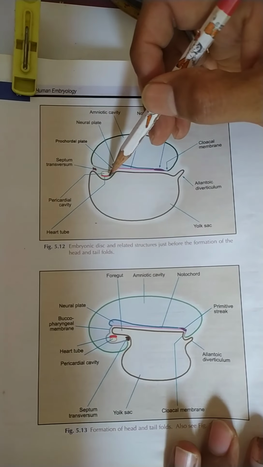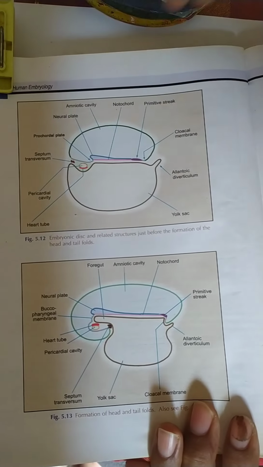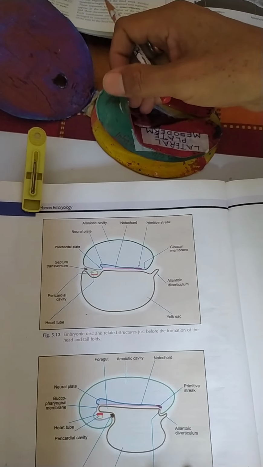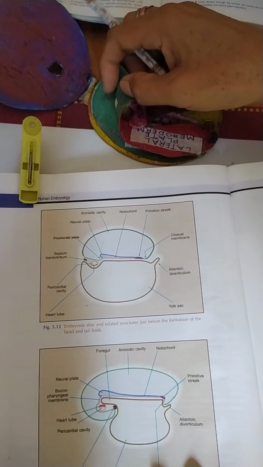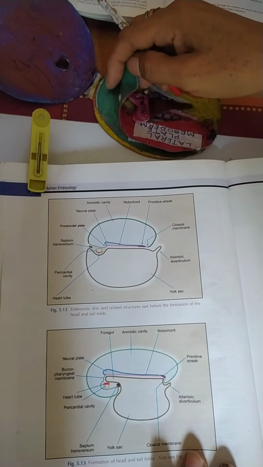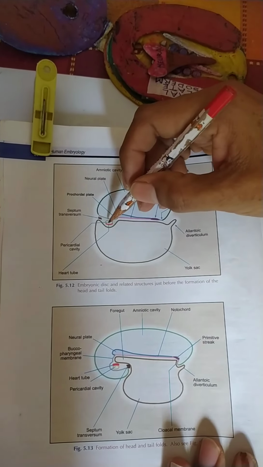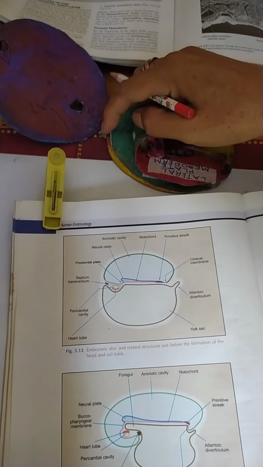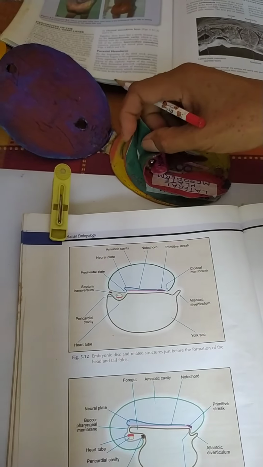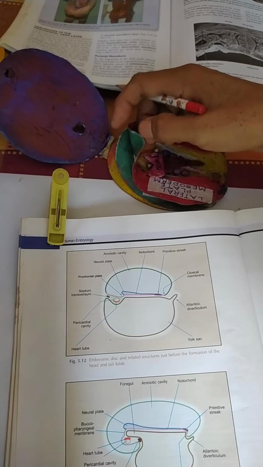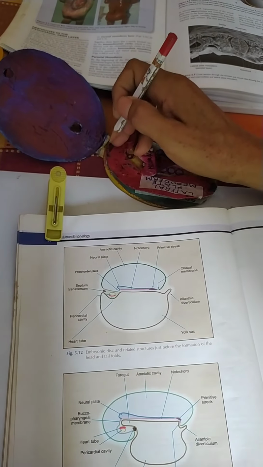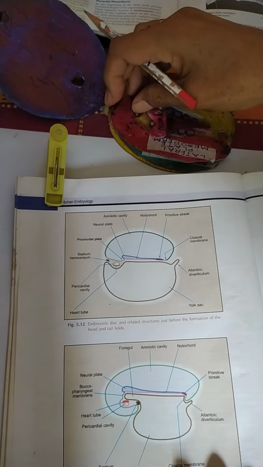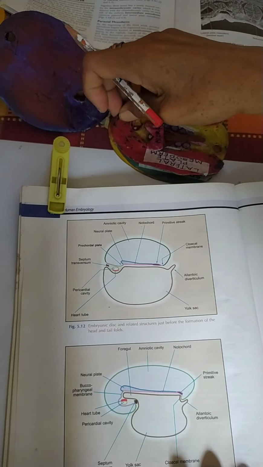This pericardial cavity is nothing but the midline part of the intraembryonic coelom. It is separating the intraembryonic mesoderm into somatopleuric and splanchnopleuric intraembryonic mesoderm. But this most cranial part is not separated by the intraembryonic coelom.